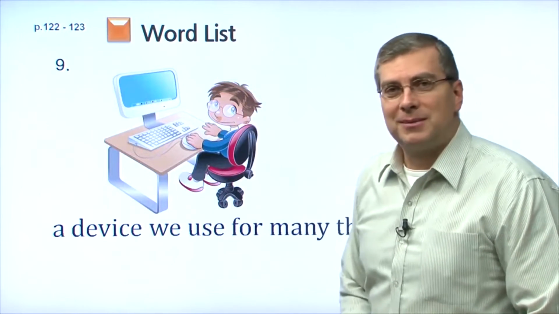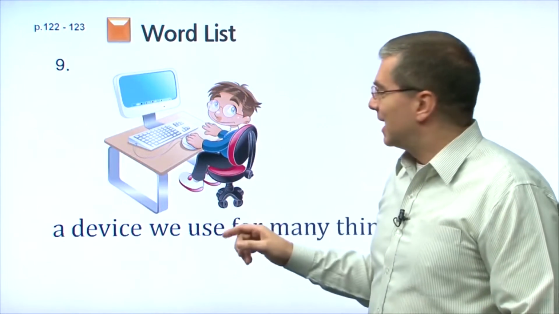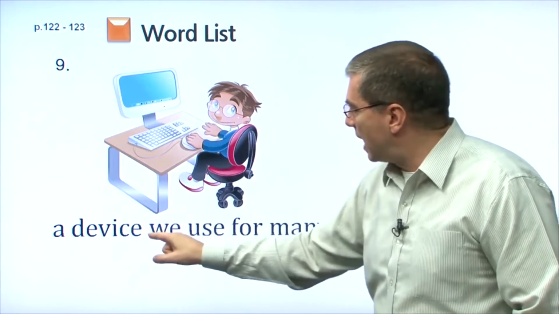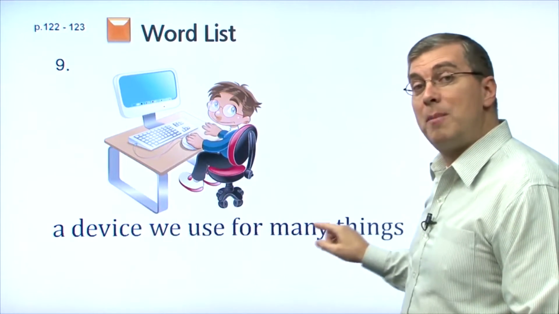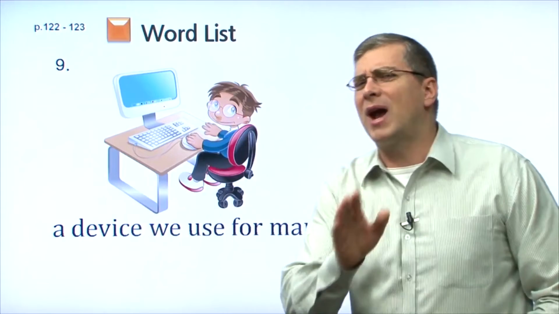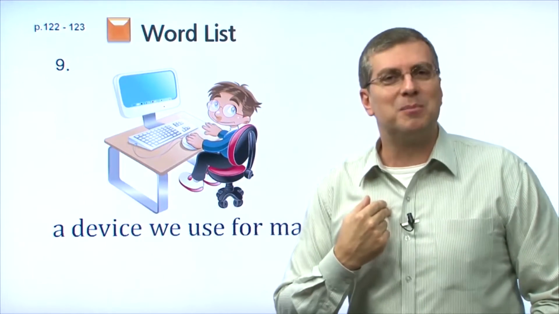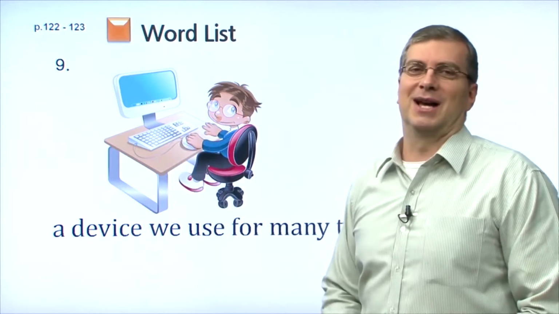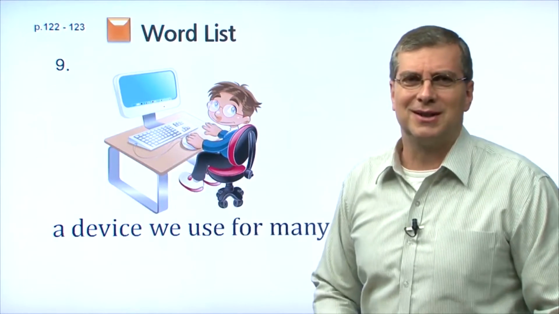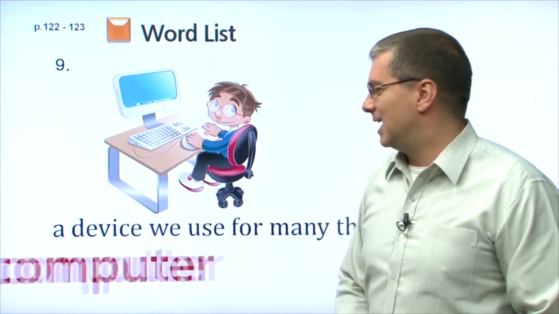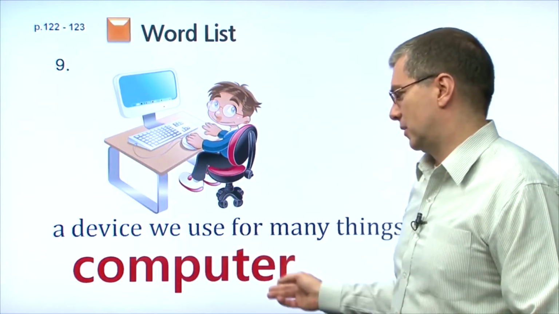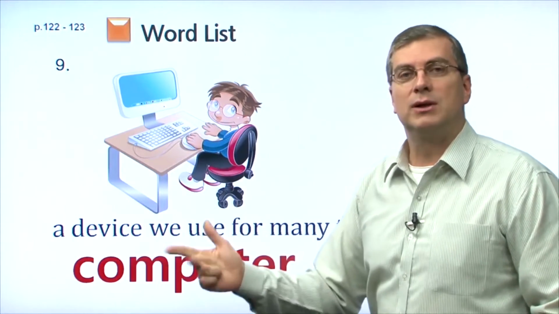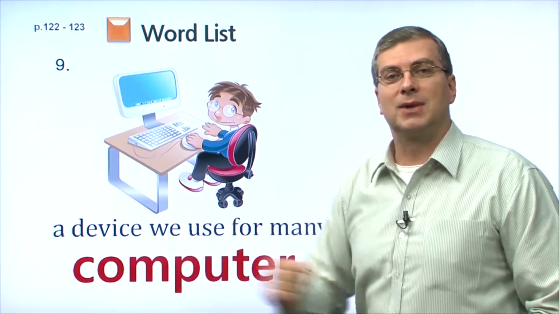What's this boy doing? He's very happy. He is using a device we use for many things. Maybe right now you're watching me on this device. What is this device? Of course you know this. This is very easy. It is a computer. Computer.